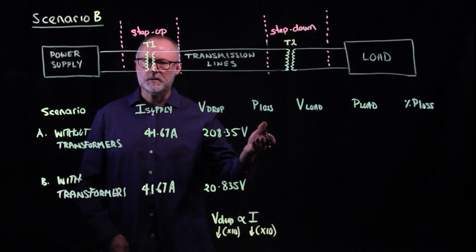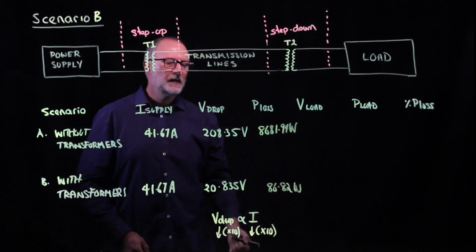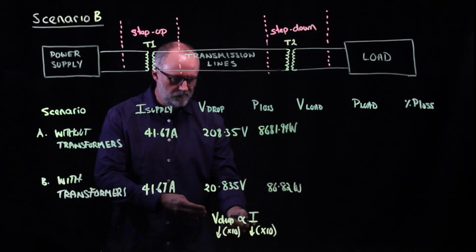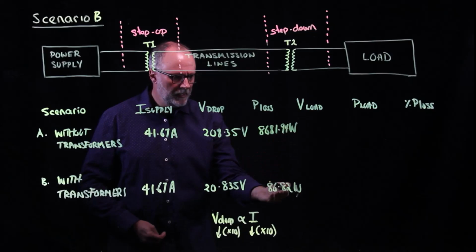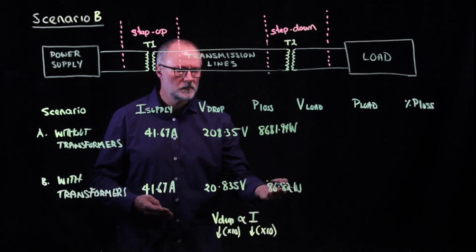Let's now consider the power loss in both scenario A and scenario B. Again, a massive difference. The voltage comparison was a factor of 10. If you look at the power loss, it's a factor of 100. And that, if you consider the equation for power loss, is quite understandable.